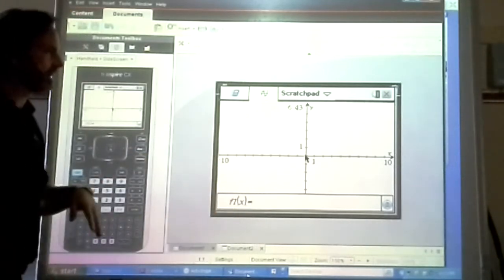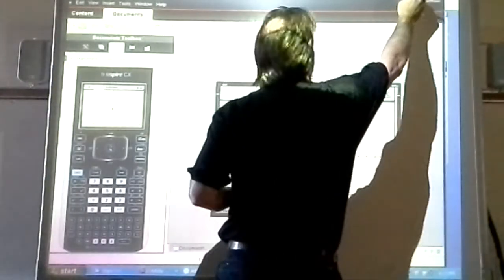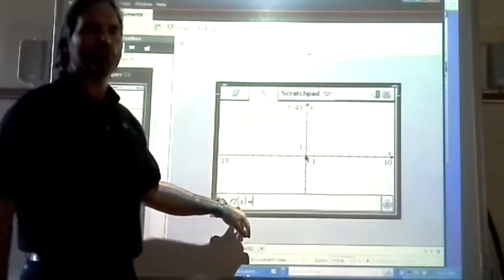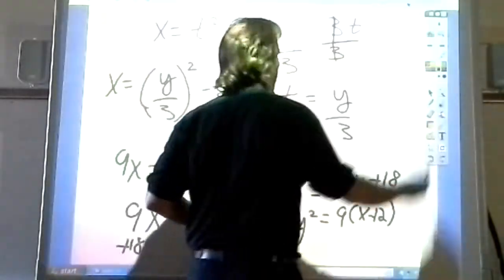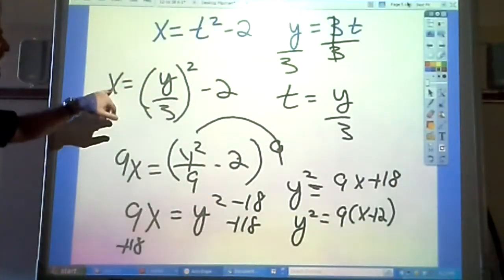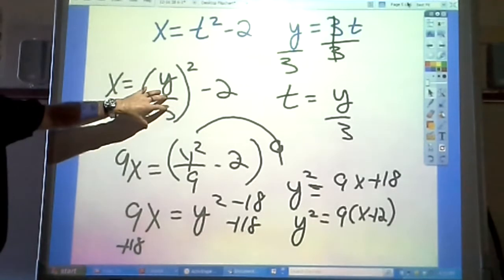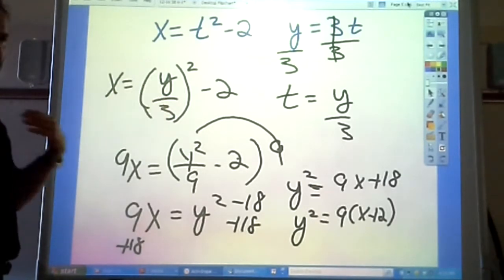So that's going to be a little more complicated. Remember, function of x is basically y equals. And right now I've got y squared. Up here I had x equals. So this is what I need to graph if I want to keep it in just the function.